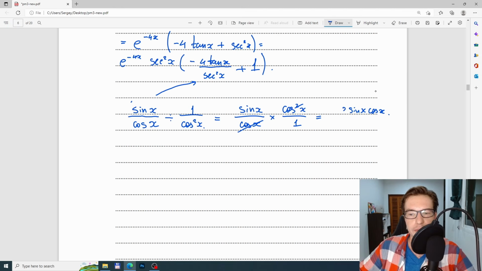So I'm just going to write 2 in here, but in order not to change anything, I'll divide by 2. And that brings us to sine 2x over 2. Okay, and now I can replace tangent x over secant squared x with sine 2x over 2.